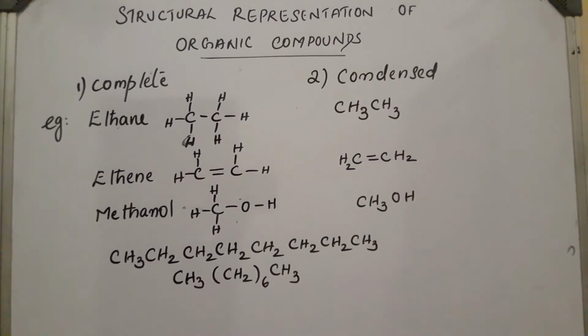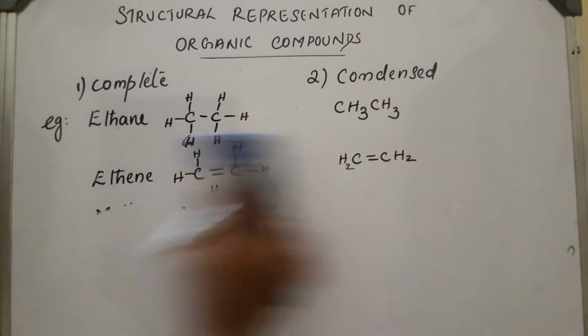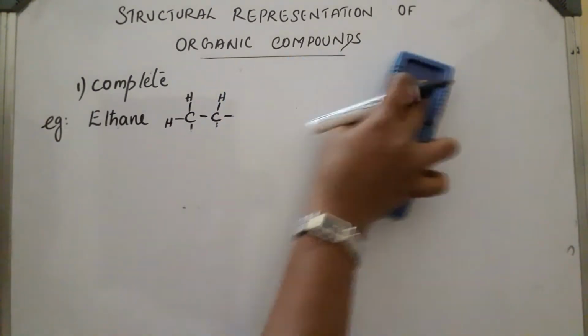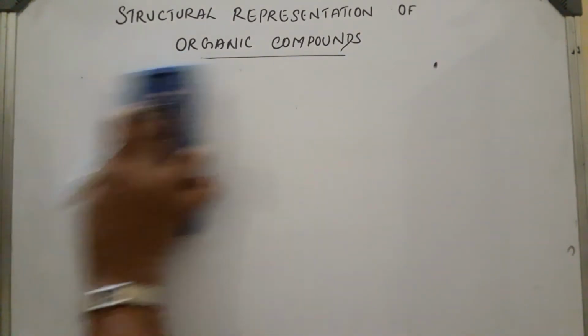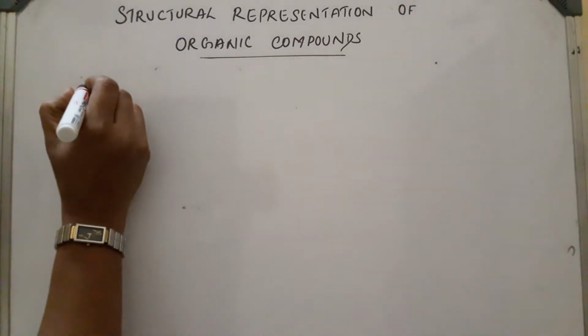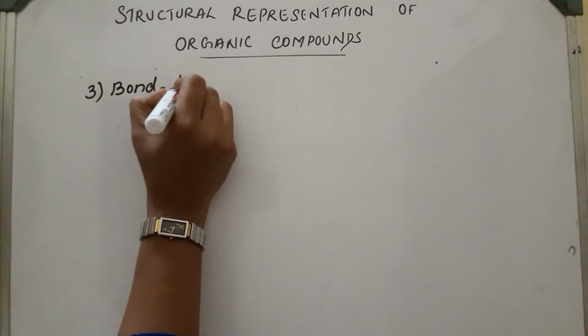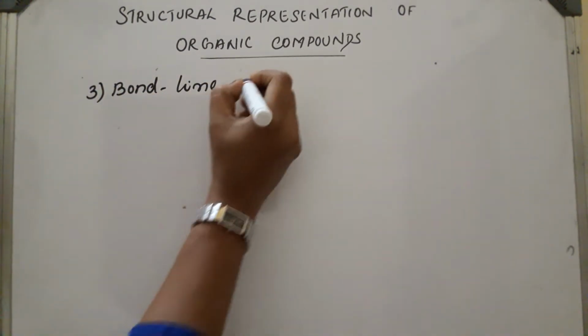Now, the third representation is the bond line structural formula. This is the simplest representation of structural formulas.